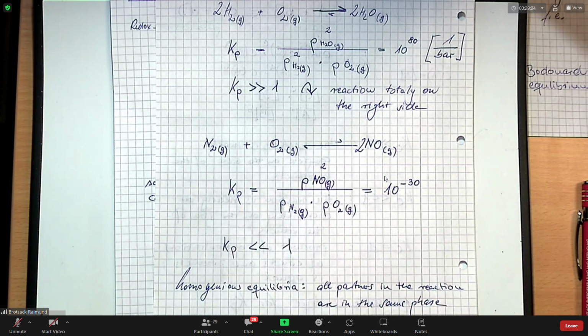So if you have a reaction where you have two different educts, one is expensive and the other one is very cheap, and you'd like to have a more or less total reaction to the right, what can you do? You add more of the cheap one to push it in the way that the product is produced, and that all of the expensive one is more or less on the product side.